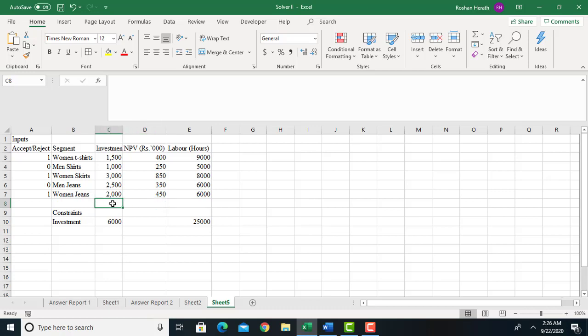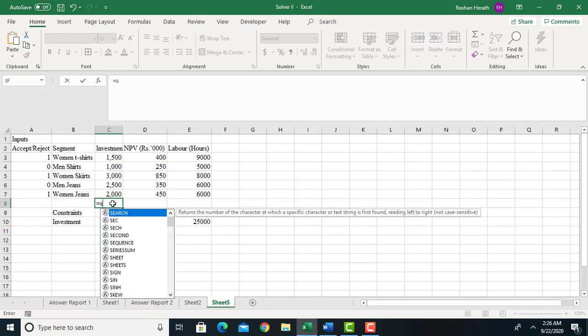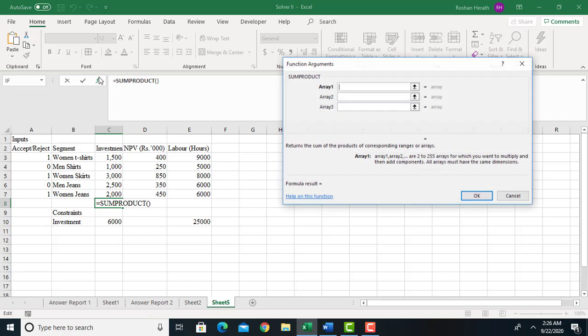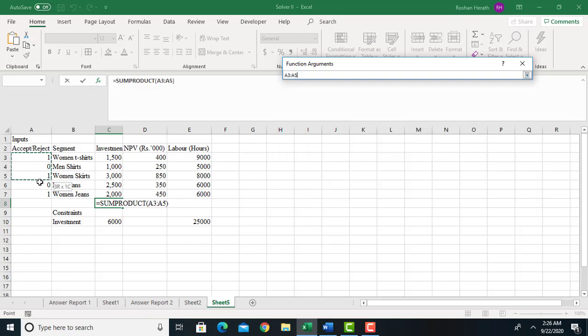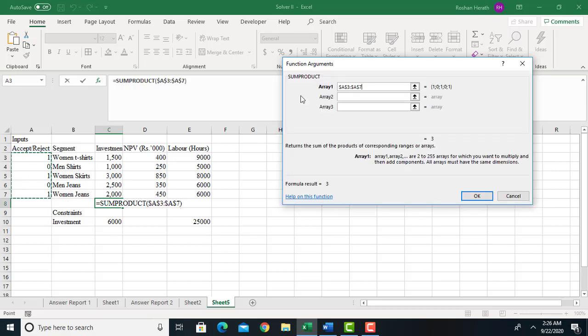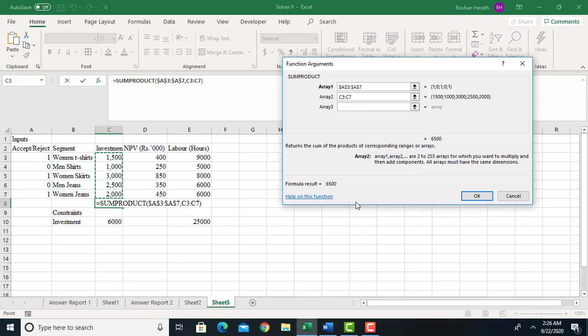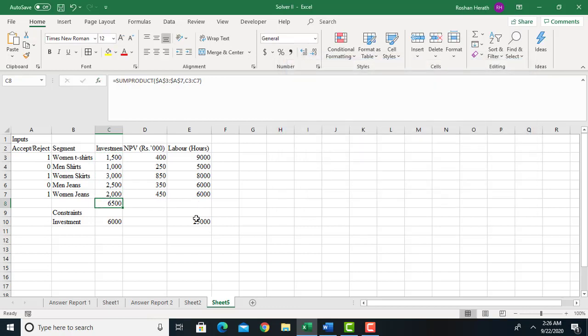First you can identify the investment by applying this sum product, working out the initial investment required for the projects that you accept. It is 6,500 at the moment. If you simply drag this, that is it.